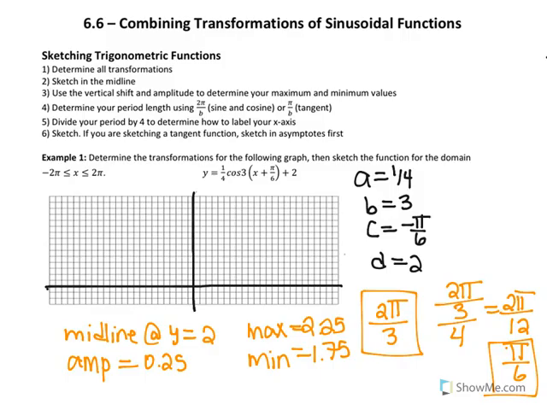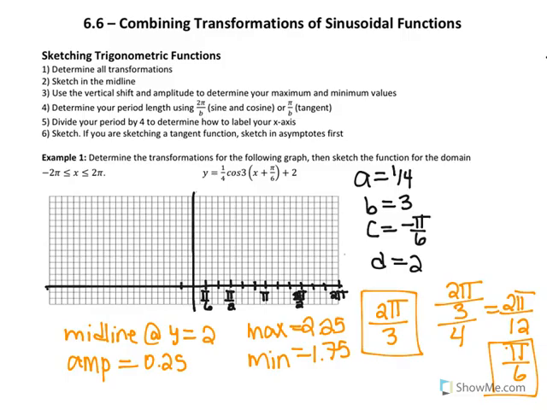So we're going to say every 2 lines is worth pi over 6, which means that every 3 lines is worth pi over 2. And I'm just going to graph the pi over 2's. So 1, 2, 3, and we have pi. 1, 2, 3, 3 pi over 2. 1, 2, 3, wow, I had exactly the right amount of space. 2 pi.